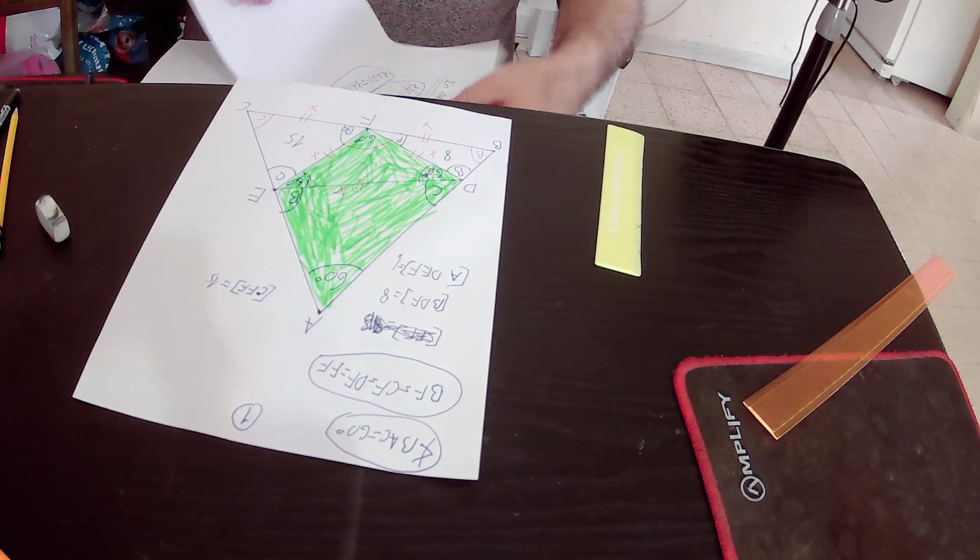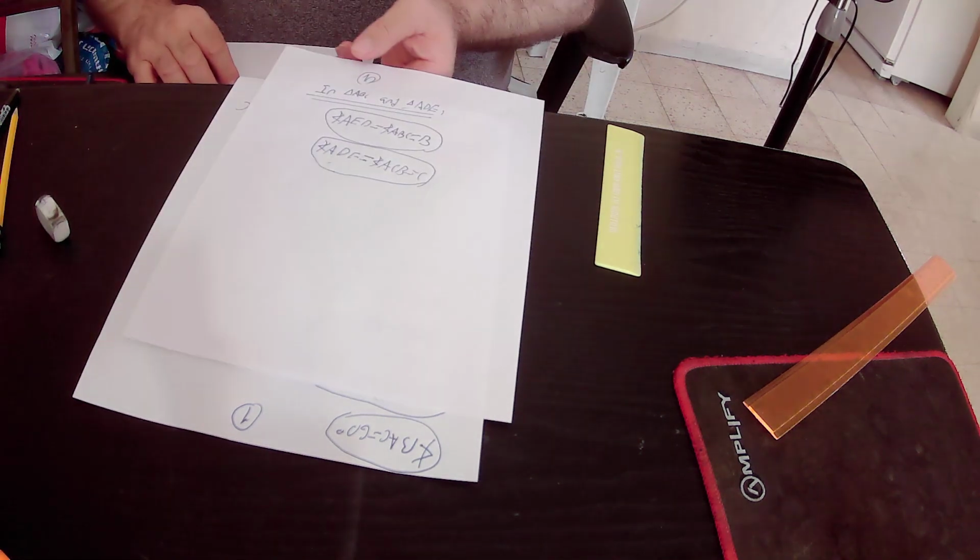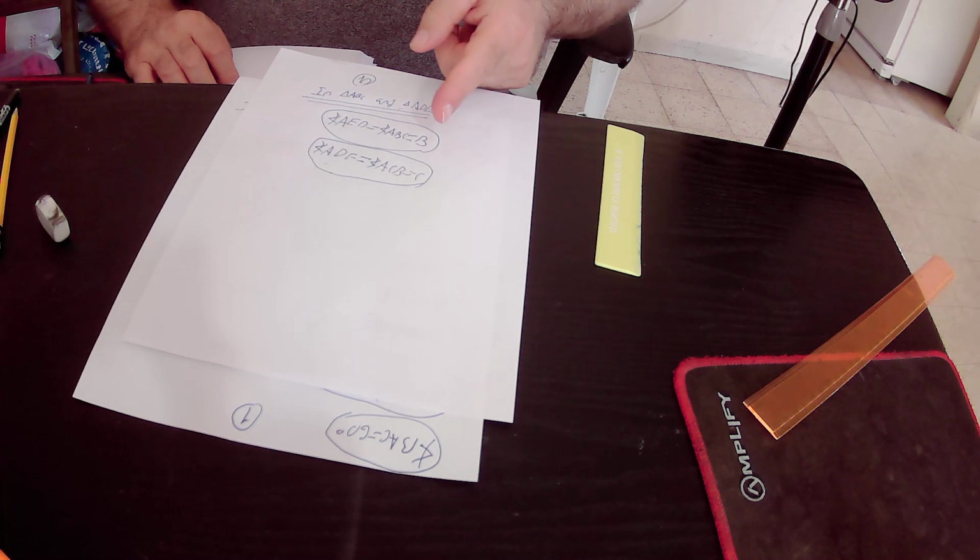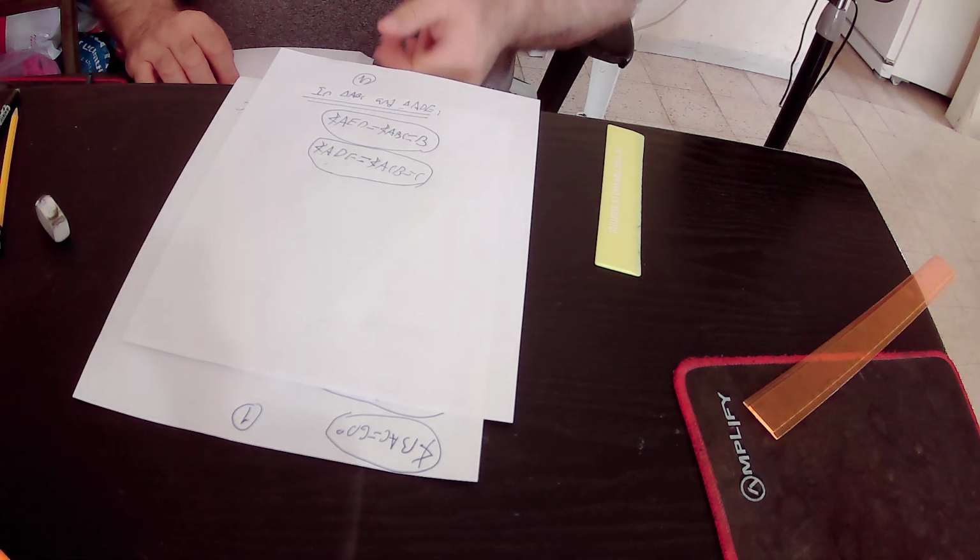So again, angle ADE equals angle ACB, and both those two angles are equal to C.